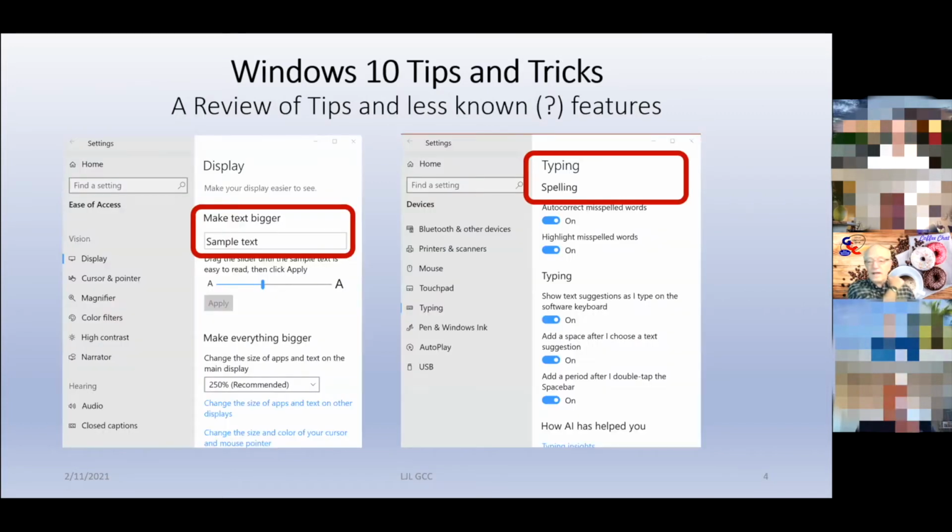But one thing that's in here, and I'll show you this in a moment, is under a setting called ease of access. You can see up here on the left, it says ease of access. You have the ability to change the text size on the screen.